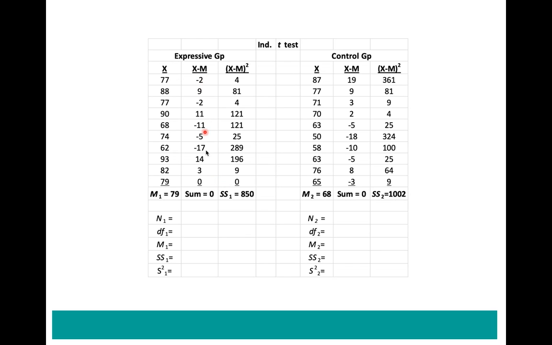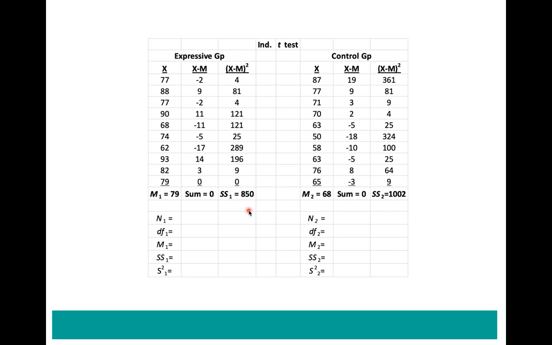We take these difference scores, or deviations, and then we square them to get a squared deviation. So negative 2 times negative 2 is 4. 9 times 9 is 81. Negative 17 times negative 17 is 289. So on and so forth. We get our squared deviations for each participant, and then we add them up. We sum the squares: SS, sum of squares.